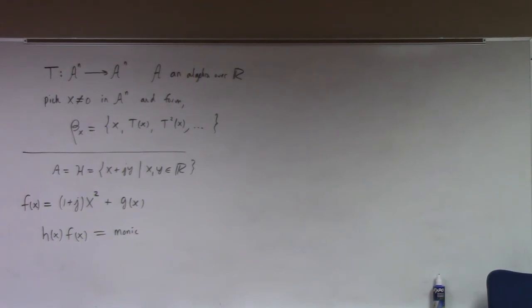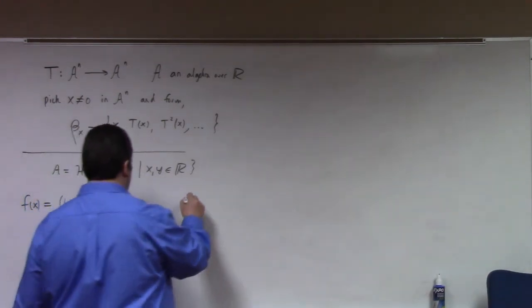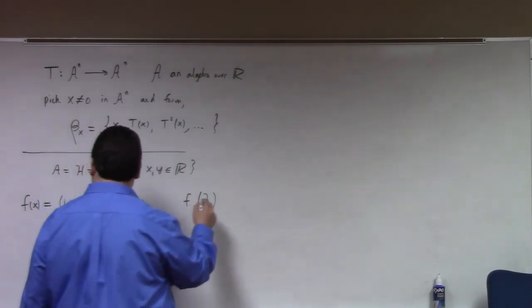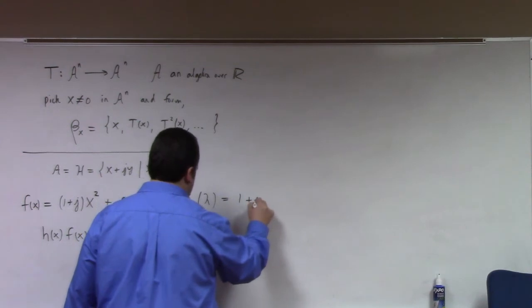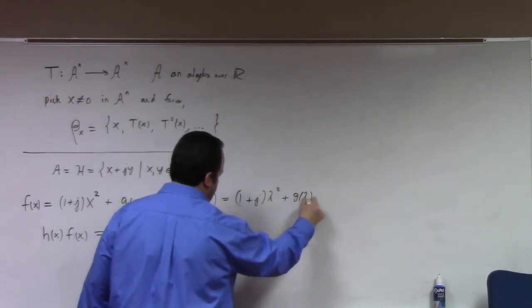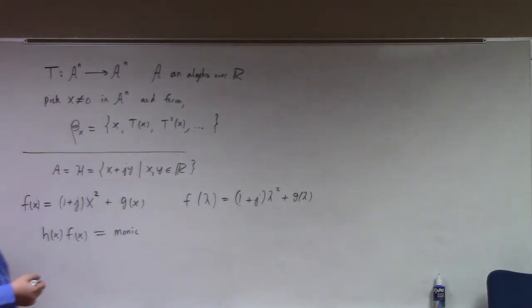So if you take x to be a root of f(x), then you would have a relation. Let's use lambda for the sake of it. So f of lambda would be something like 1 plus j lambda squared plus g of lambda, and suppose that's 0.